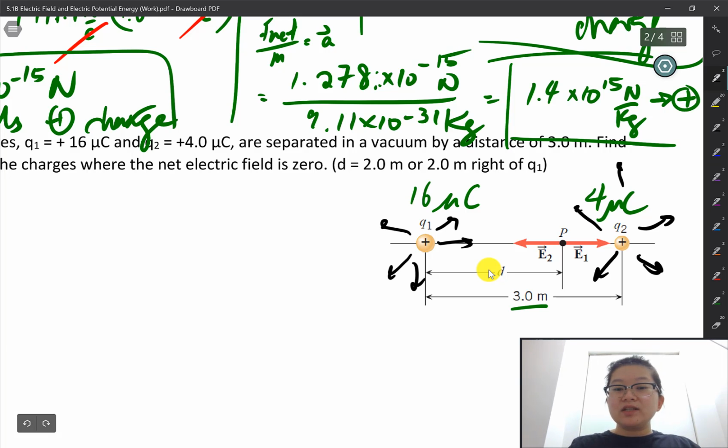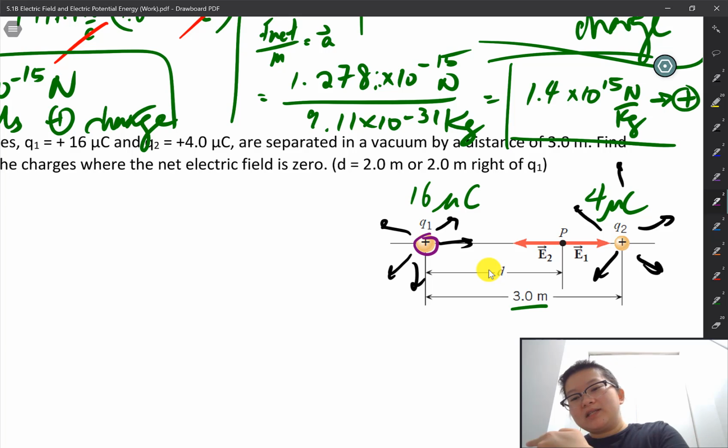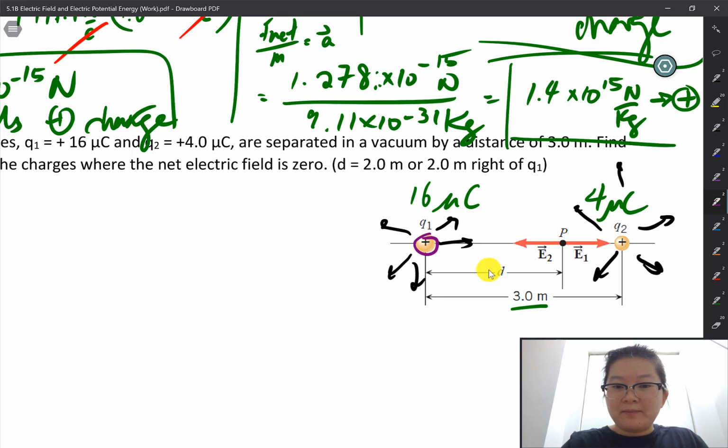Essentially what's going to happen with Q1, the electric field from Q1, which I'll highlight with purple, is going to point away from Q1, so it's going to point in this direction.